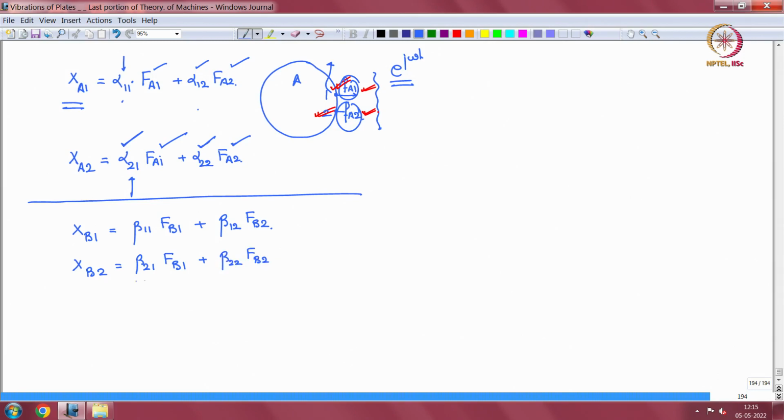Here comes the fact that there is a connection between the two systems. A1 and B1 are connected.